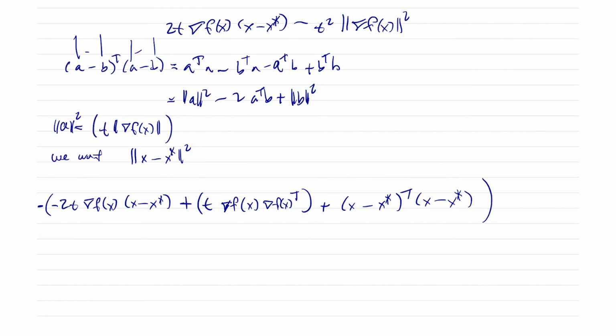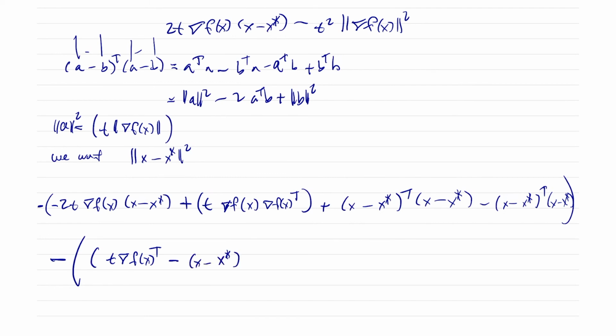And this is the norm of b squared. But if I add that, I need to subtract it, right? So I get x minus x star transposed with x minus x star. Now this piece here ends up being something we can expand. On the inside, we end up getting t grad f of x transposed, and then subtracting x minus x star.